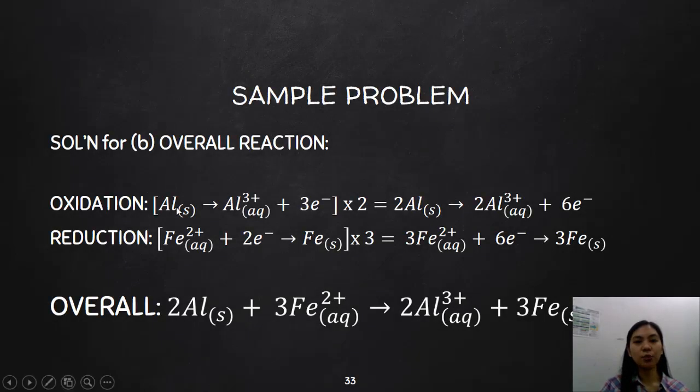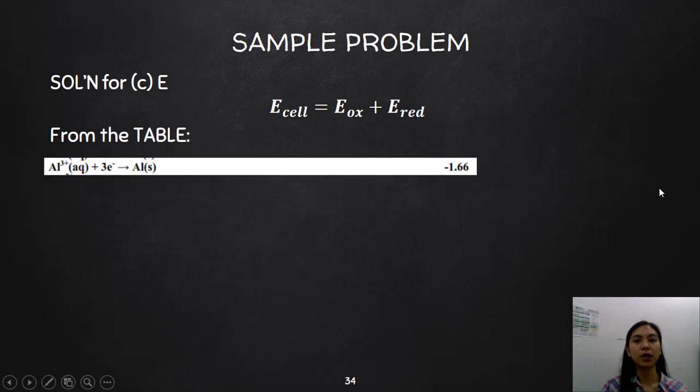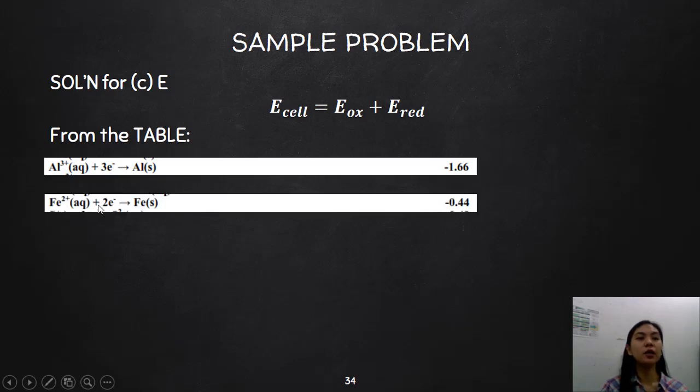Pag na-identify nyo na po yung dalawang half reactions and pinapasolve po sa inyo yung cell potential, hahanapin nyo lang po itong mga half reactions doon sa table. So, punta na po tayo doon. And for the other reaction, ito siya, your iron 2 plus in an aqueous form plus 2 electrons yielding your iron solid. Ang value daw po ng reduction potential niya is negative 0.44.